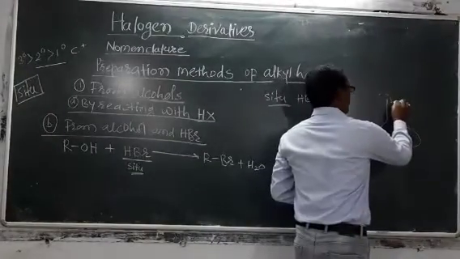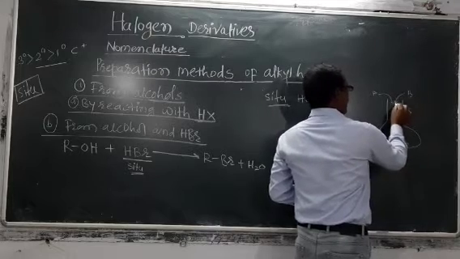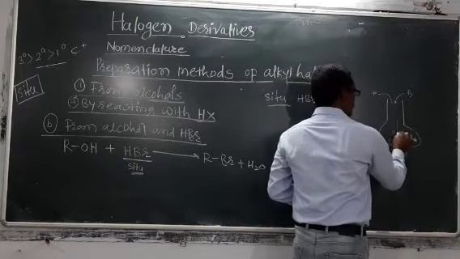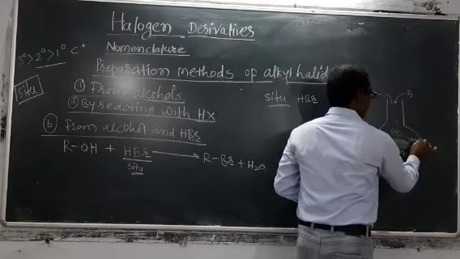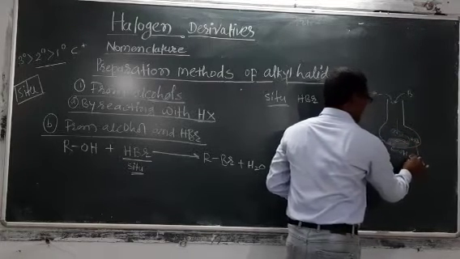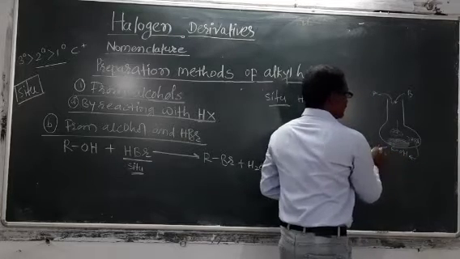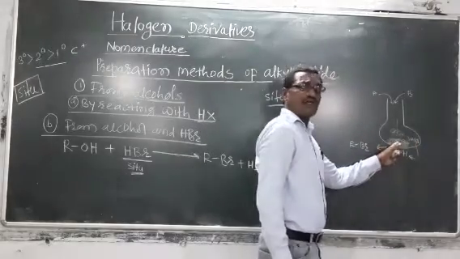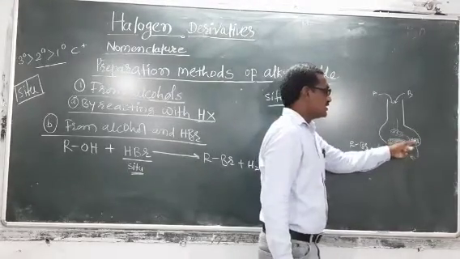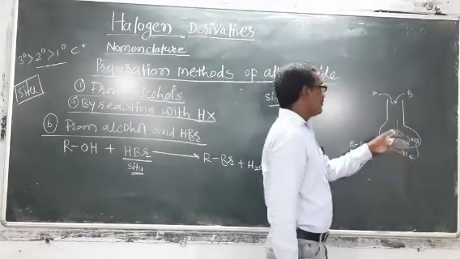By mixing these two reagents with each other we will get HBr, and this HBr reacts with alcohol and gives RBr. So HBr is prepared in the reaction container while performing the reaction.